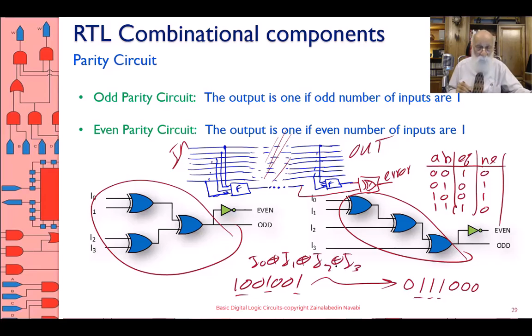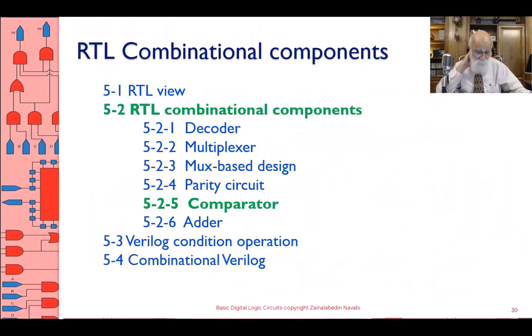They both form the same function, but the one on the right has 3 logic levels, 3 XOR layers. The one on the left only has 2. So the tree structure on the left-hand side is a better one than the one on the right-hand side. And this is called an odd parity circuit or even parity circuit.